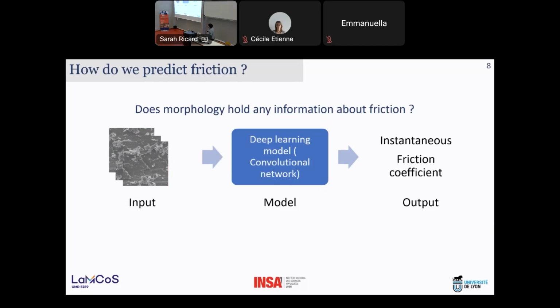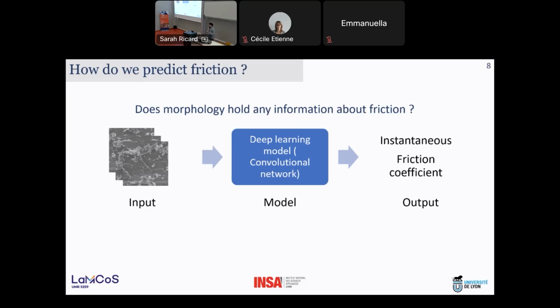The problem is that most AI models behave like a black box, which means you have your input and you have your output, but you do not know why your prediction is made. And for tribologists, understanding why we have such a prediction is as important as having a low prediction error.